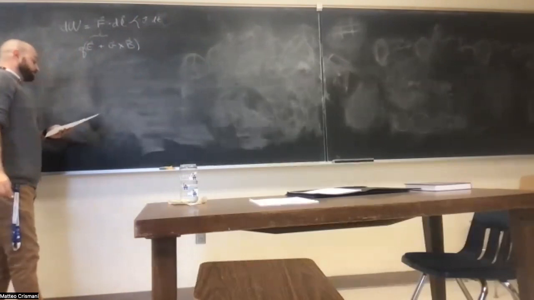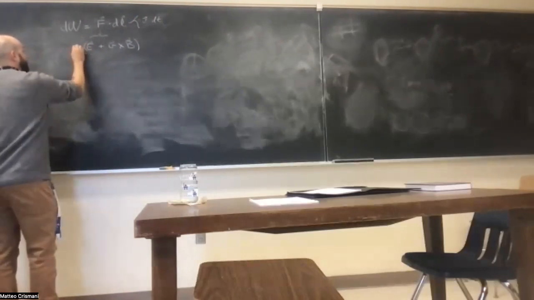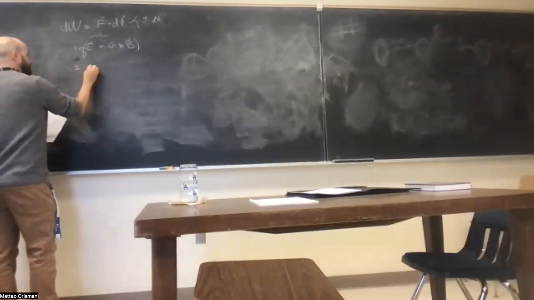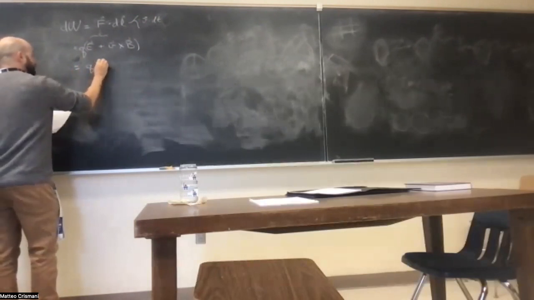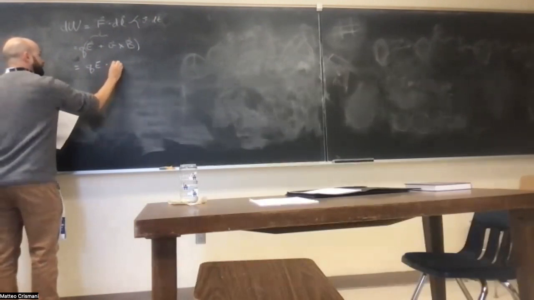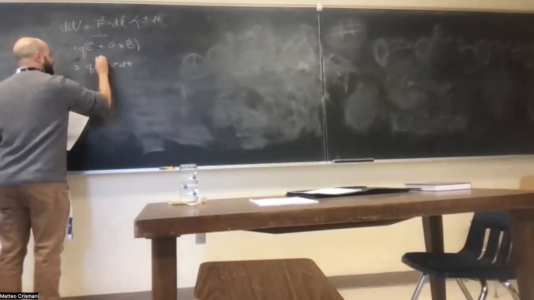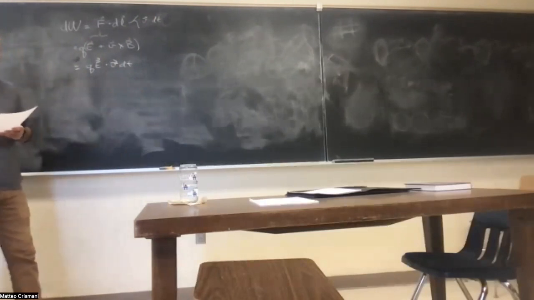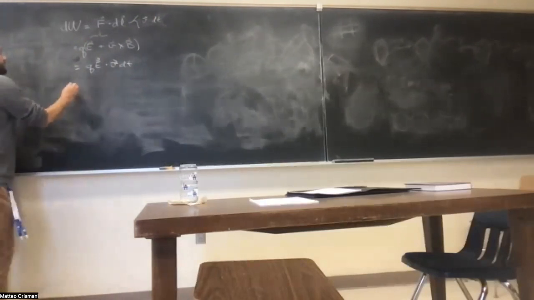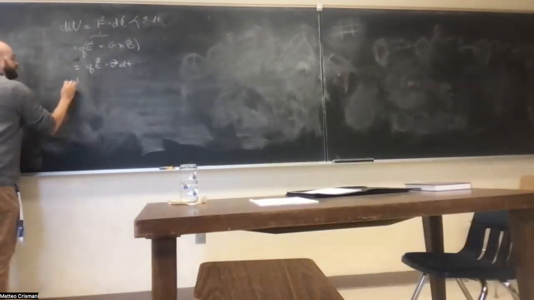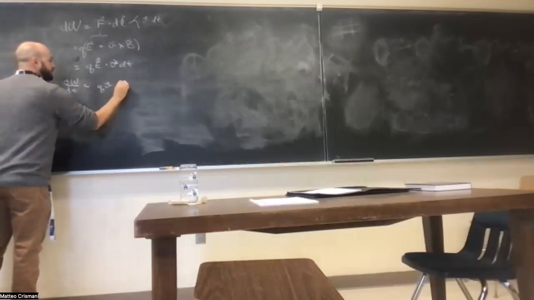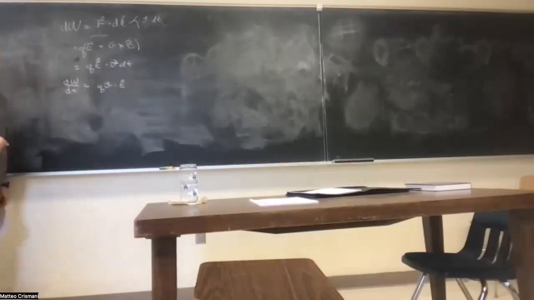Right? Okay, so then that will equal, or another way of saying that is that dW/dt is equal to q dot E. Are we okay with me switching the E and the v?